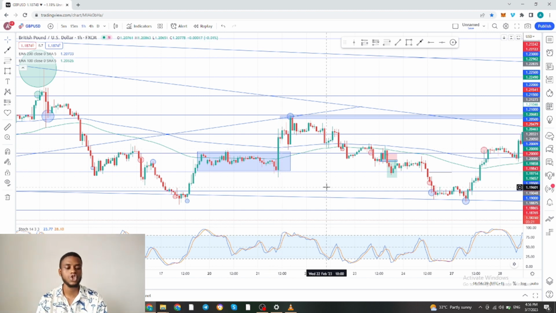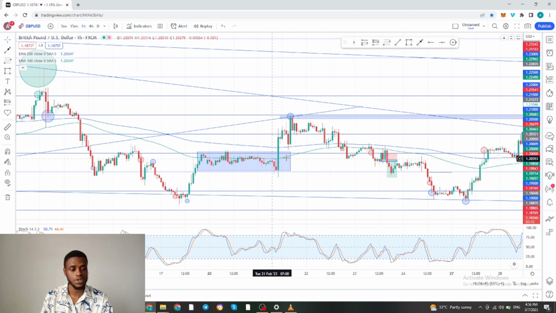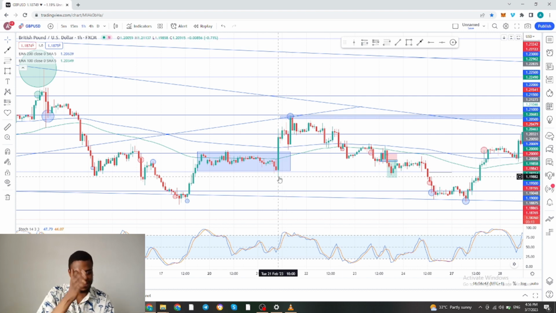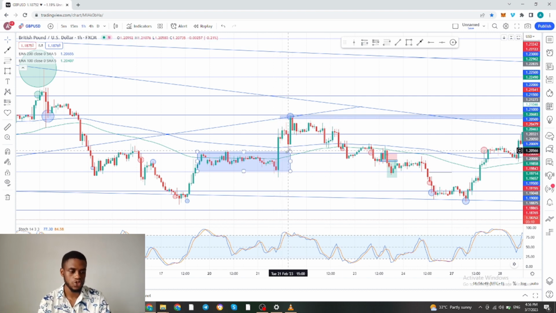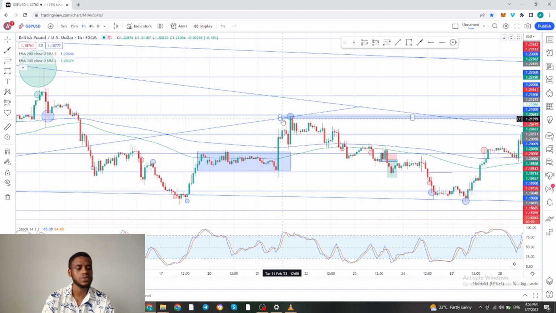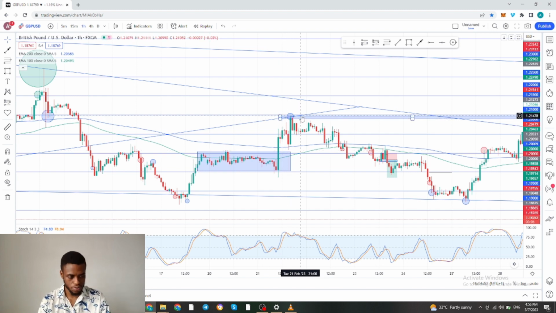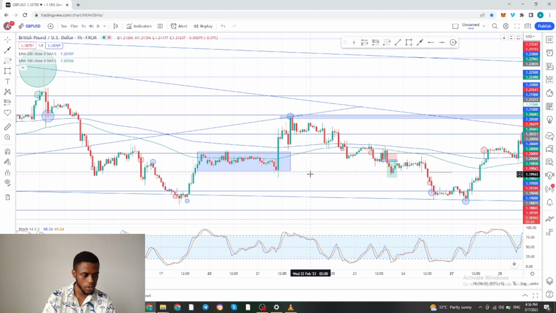When I saw this huge imbalance, I already knew price was going to drop, because if you're an SMC trader, you already know price will always fill in the candle. I think it was news or something like that. Then price dropped a bit, went back up, and I was waiting for price to get to this trend line.